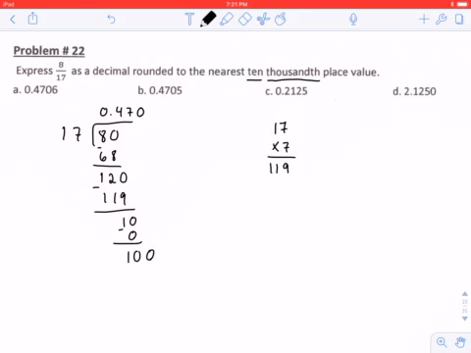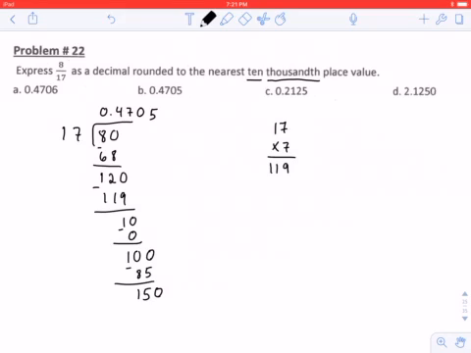Then we can continue. 100 divided by 17, 5. 5 times 17 is half of 170, which is 85. Then 100 minus 85 is 15. Perfect. Let's continue one more digit. We need one more digit. 150 divided by 17.